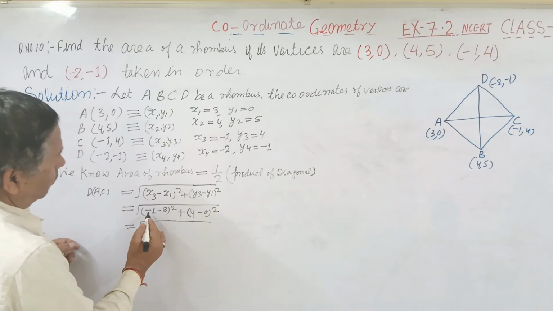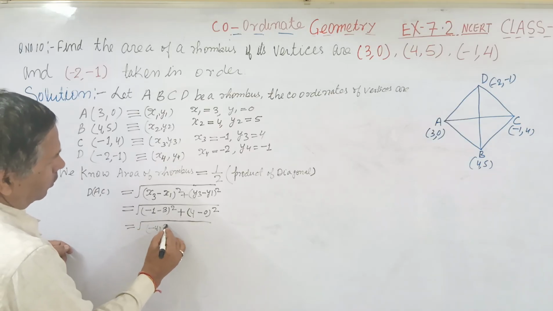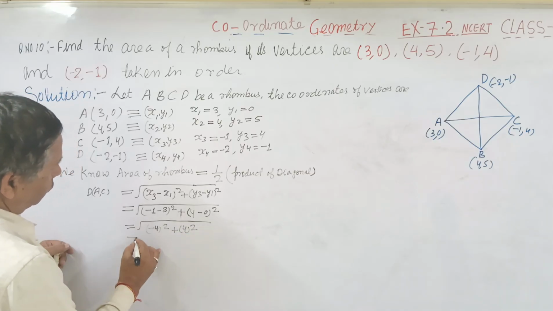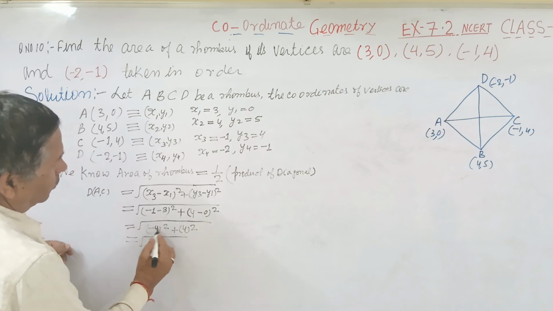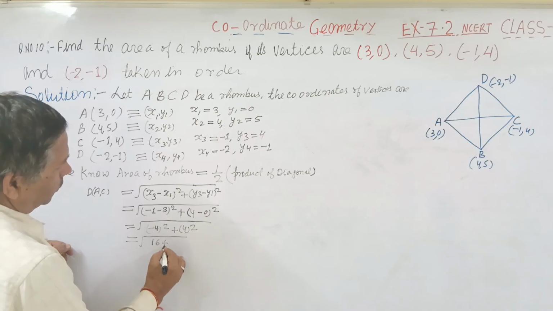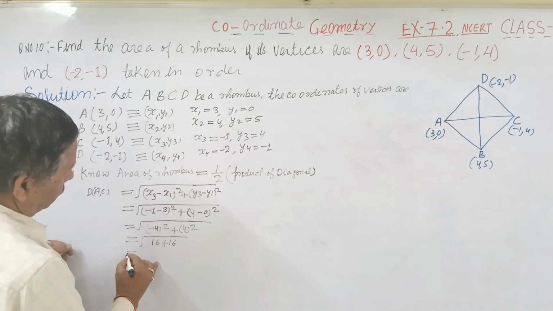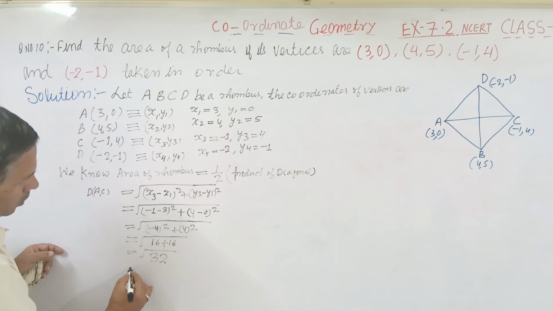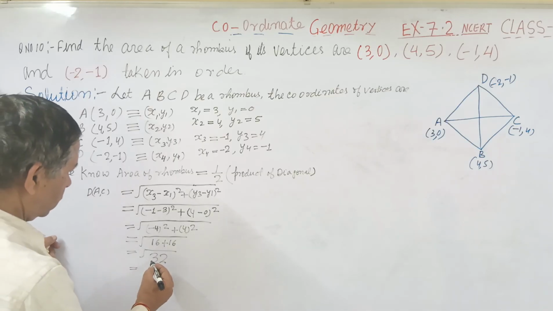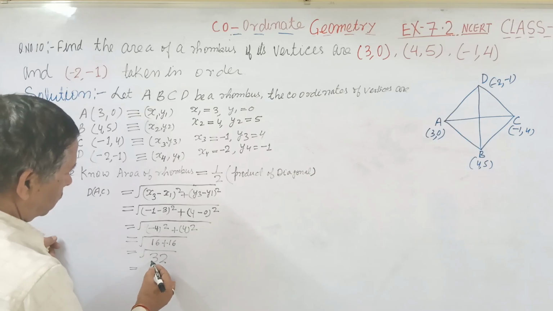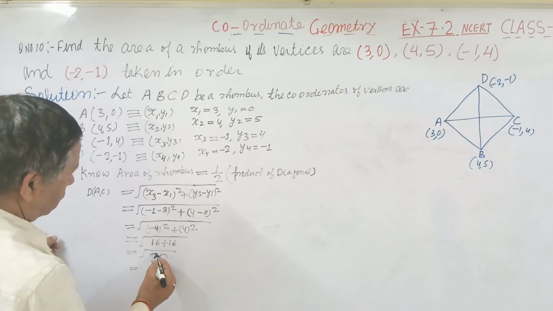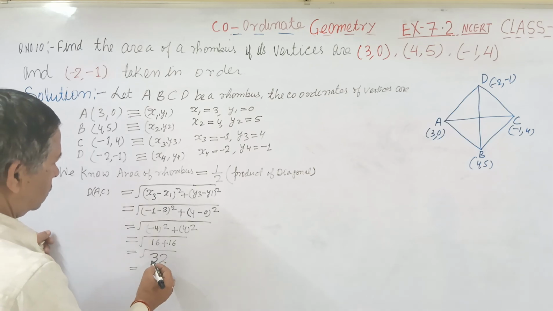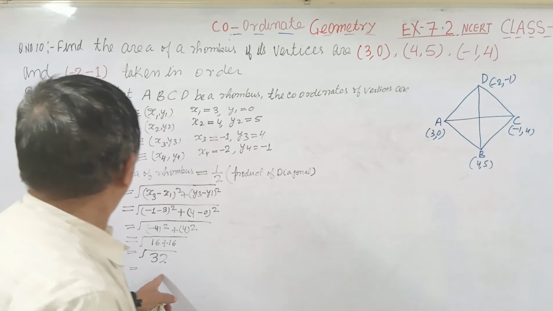Here we get (-1 minus 3, that is -4) whole square plus 4 square, which equals the square root of 16 plus 16, which equals root 32.